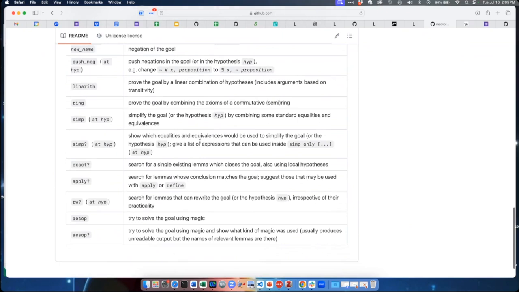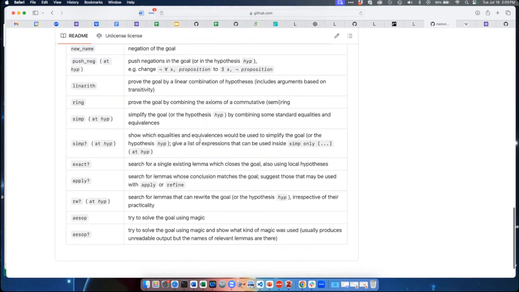Some of the ones here that are particularly clever as well as expensive are the ones that end in a question mark. The ones that end in a question mark search for lemmas that can do a thing.